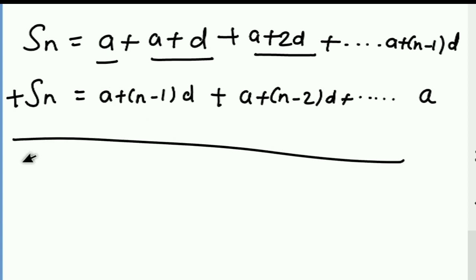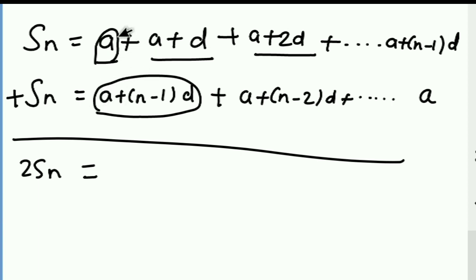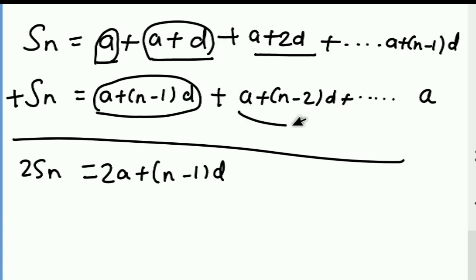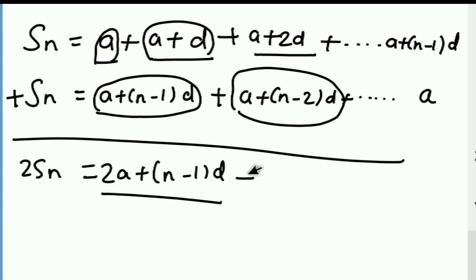We will get 2Sn, which will be equal to, if we add this value and this value, you can see that you have 2a plus n minus 1 into d. Then if we add this and this, you will also get the same. So let's add them. Here you will get 2a, then plus n minus 1 into d.